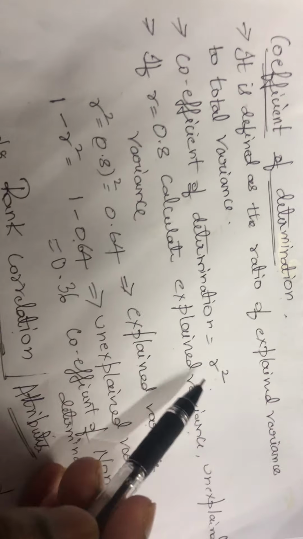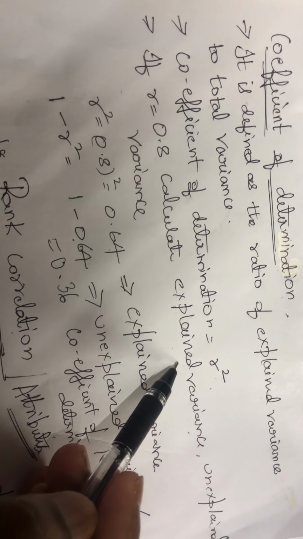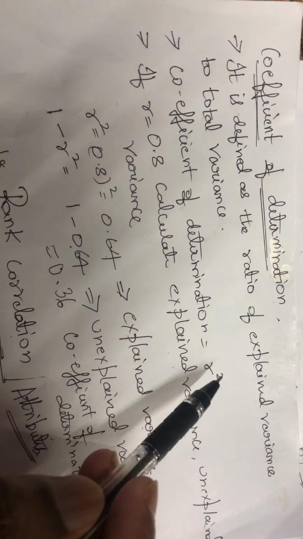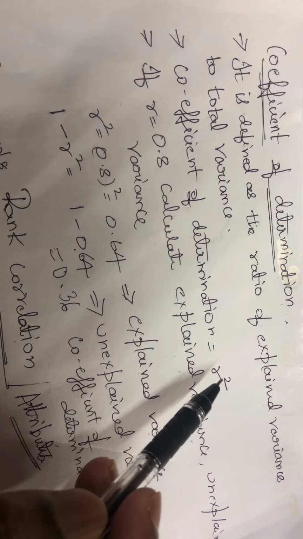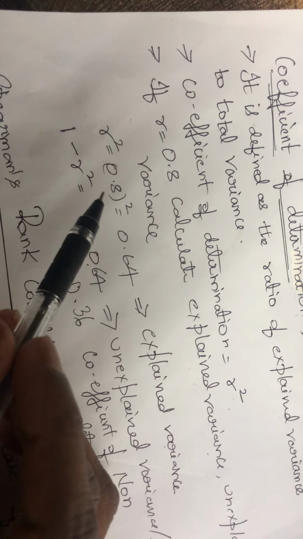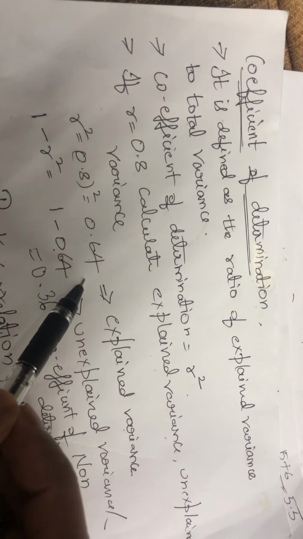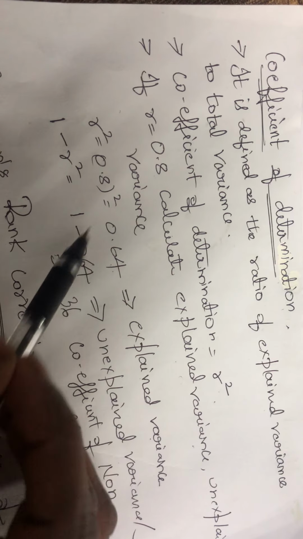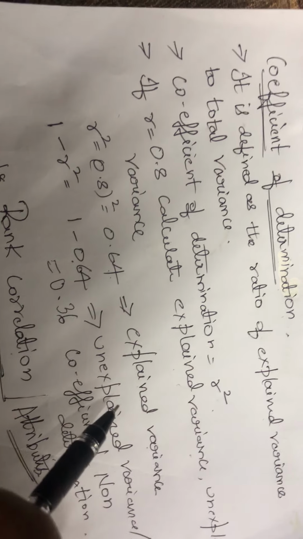The coefficient of determination is the same as explained variance. That means so much of the variance in the given set of observations has been measured. Suppose in this case the r value is 0.8, that means r square is 0.64. That means out of 100%, 64% of the variation has been measured.